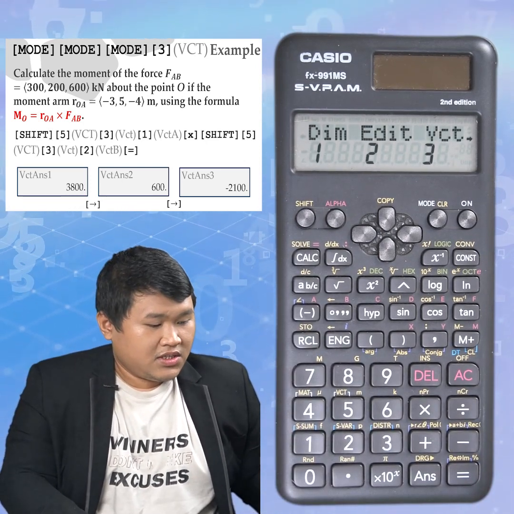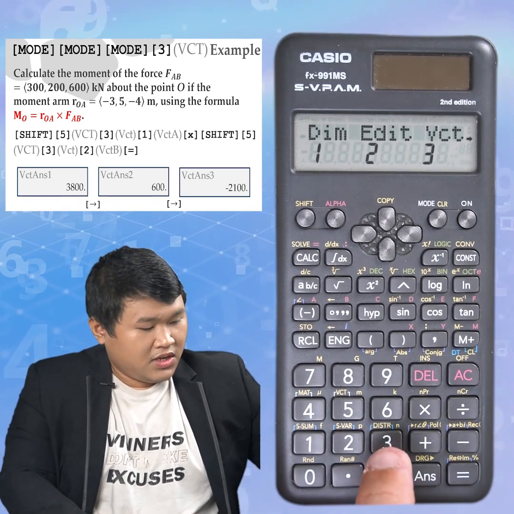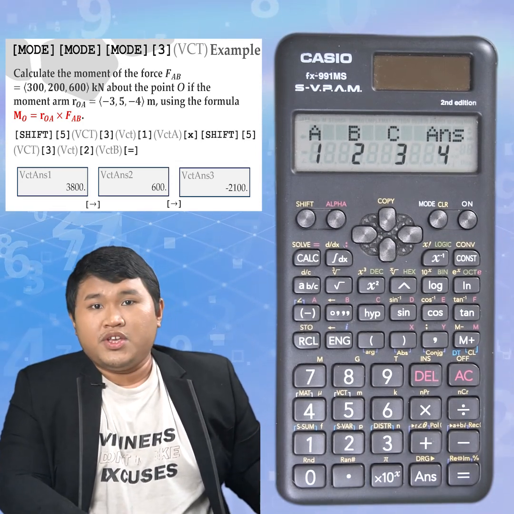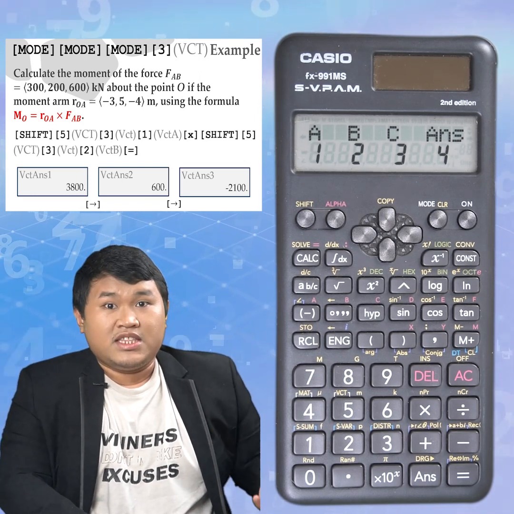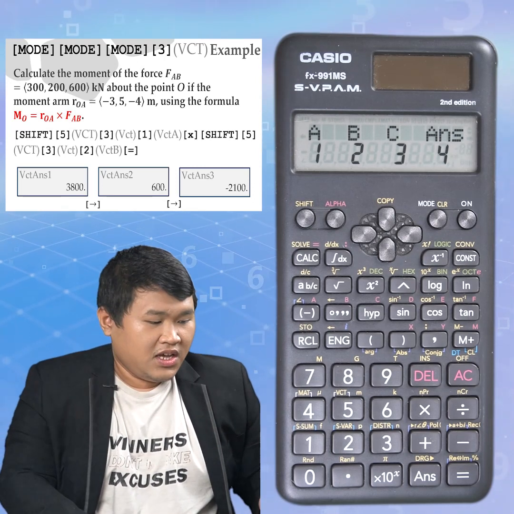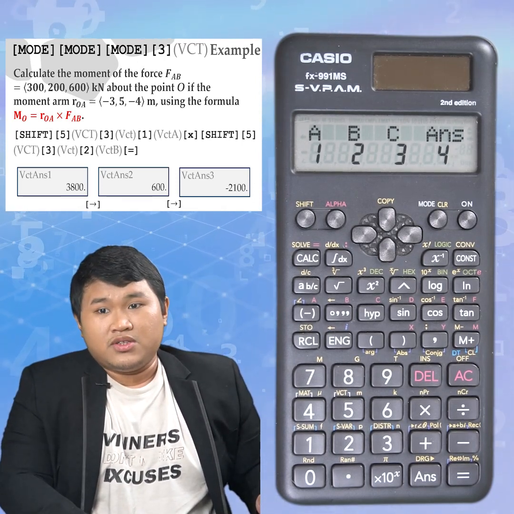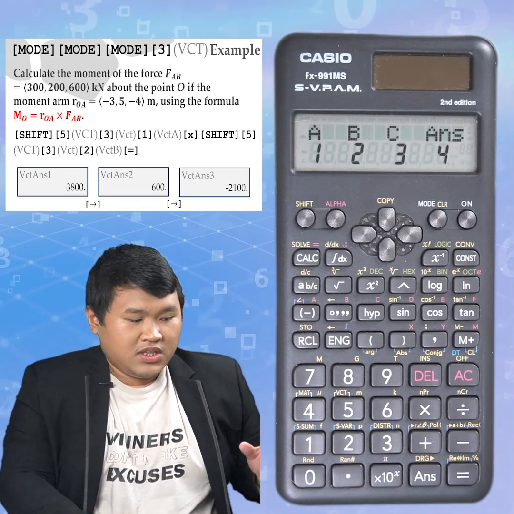In this case, 3 allows us to access the vector variables. So let's press 3. There are 3 variables here, A, B, and C. A and B are already created, and C is blank. We don't need C. And then the Ans variable here is the vector answer. This is where the calculator will store the vector result.